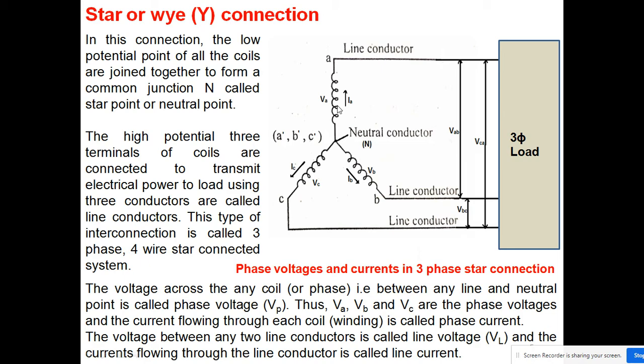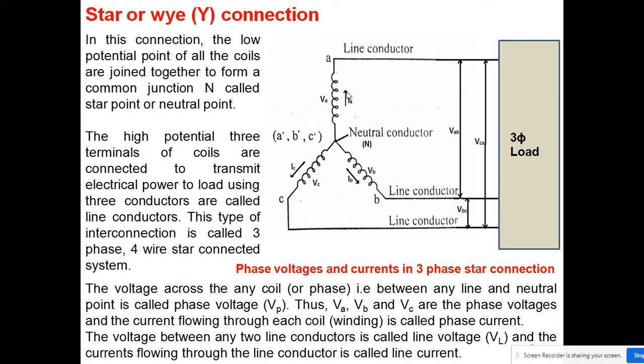So through the neutral, our line conductor is connected to the load like this way. If I consider this current, this is nothing but my phase current. I start from the neutral and we are reaching the point of the three phase load. In this condition you can see this phase current is in series with your line current.